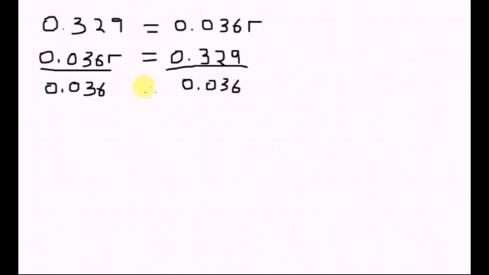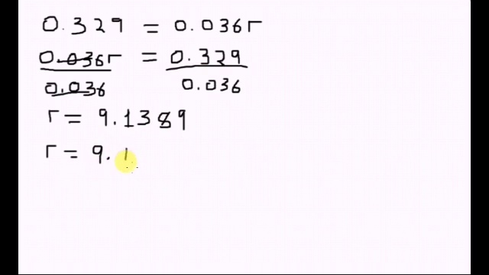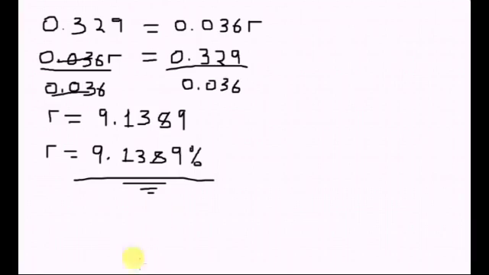My interest rate, the first thing I'm going to do is cancel out, so my interest rate is going to be 9.389 if I round off to 4 decimal places. So my interest rate is equal to 9.1389%.